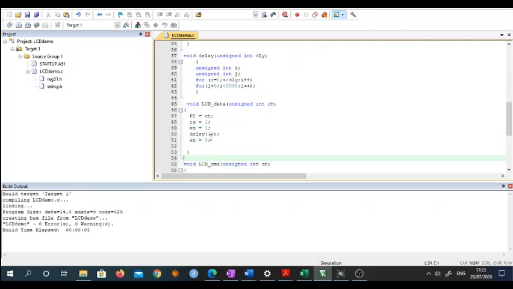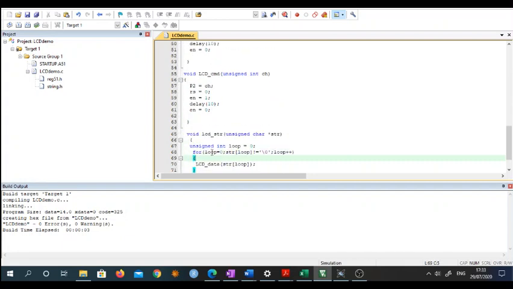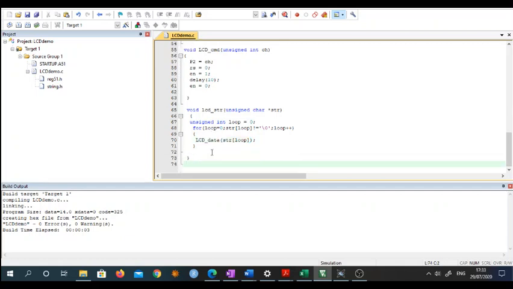Then coming back to the LCD command, it is the same routine exactly like data, the only difference being that instead of RS equal to 1, I have made RS equal to 0. Then in LCD str you observe I am sending the entire strings which I have already mentioned: embedded system, my name, subscribe to, and my channel. As a string I have used a pointer, and through a loop I write it into that string variable and pass it to the LCD data.